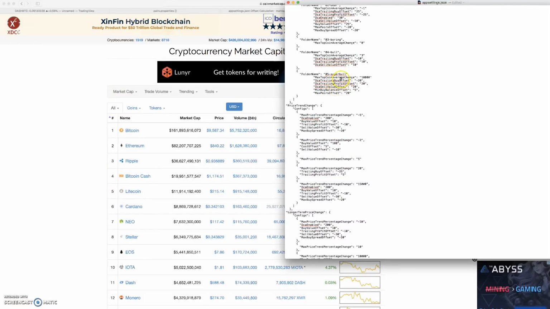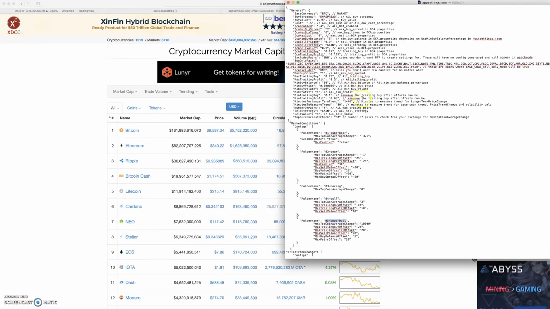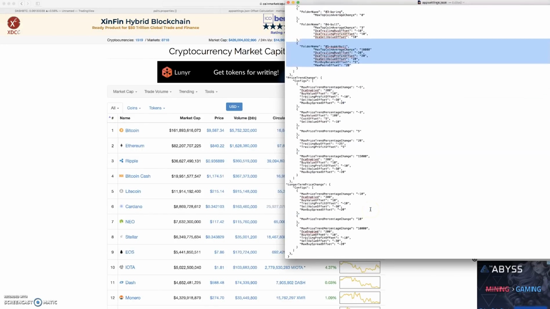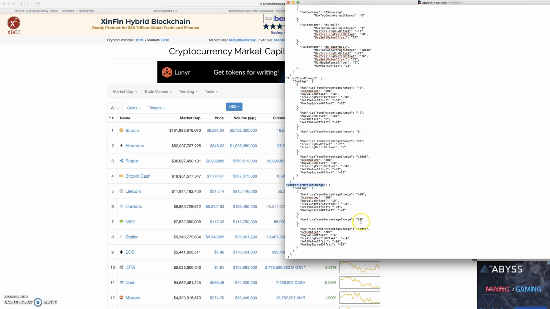So when I'm in a super bull market, I tell my bot, okay, instead of having only 8 pairs, you can now have more like 10 pairs. So stuff like that is why you use these offsets. So this is like longer term price trend changes. If the long-term price trend changes by negative 10%, I want some offsets in there.